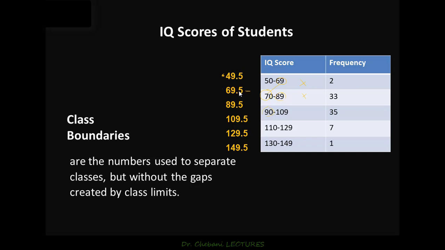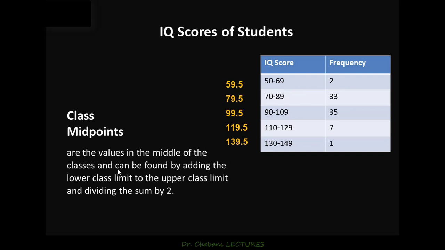So 69.5 to 89.5, which means that in that case, there is no gap created by the class limits, right? The first class ends at 69.5 and the following class would then begin right at 69.5. Okay, and so forth. So we call them class boundaries.